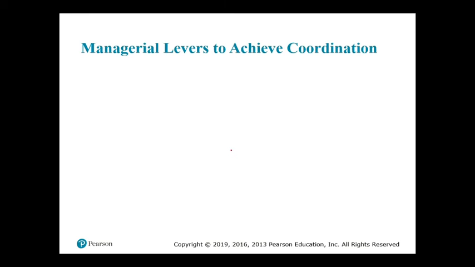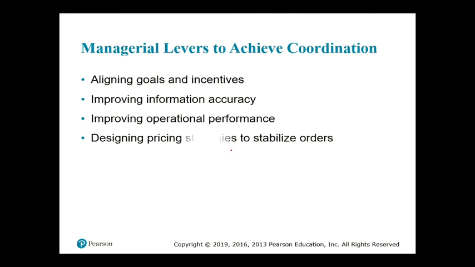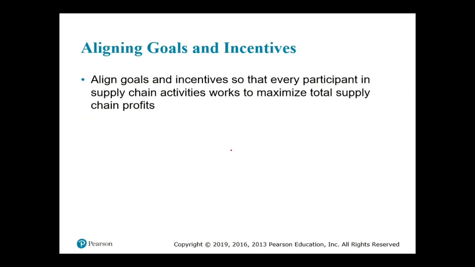There are some managerial levers for removing each of the previous obstacles. First is aligning the goals and incentives between different stages and different functional departments of the supply chain, and making sure that everyone in the supply chain is aimed at maximizing total supply chain profits.